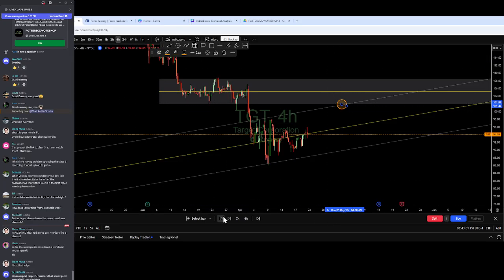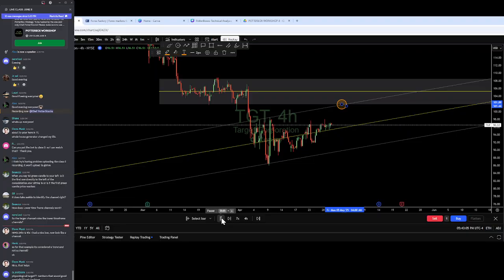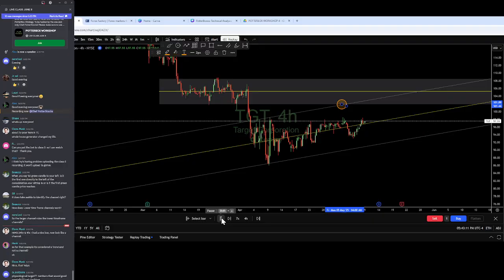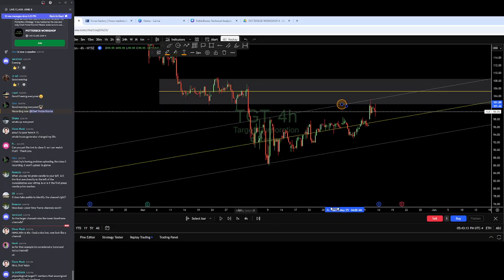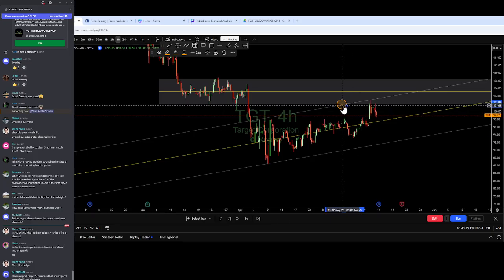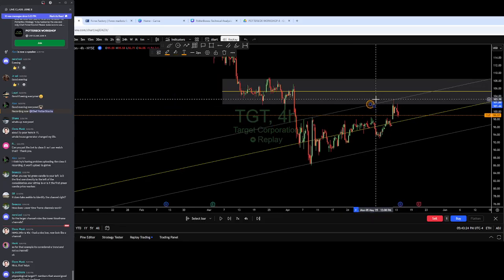And depending on how long you go sideways, a lot of the times, if I see that, I know that those targets are confluential, and you're building up for that break up to that target.